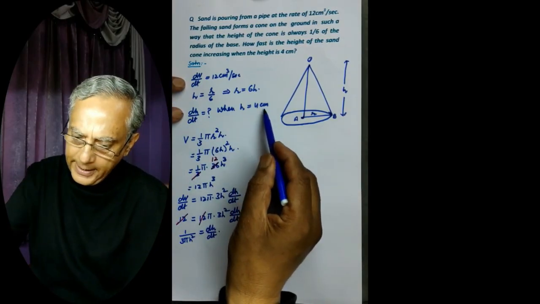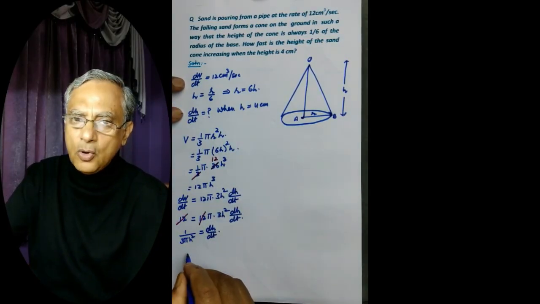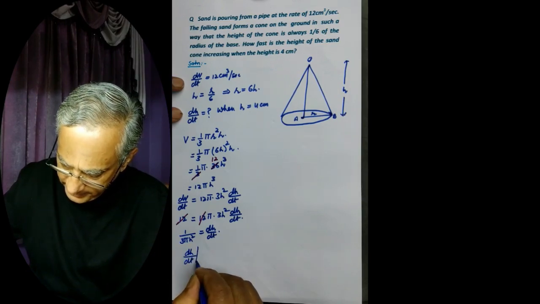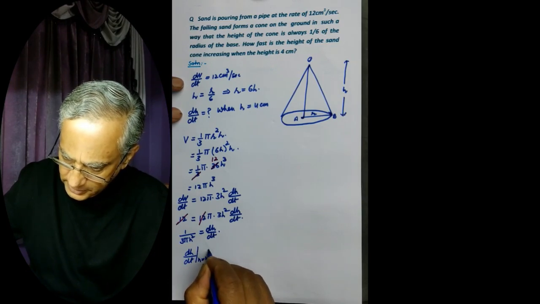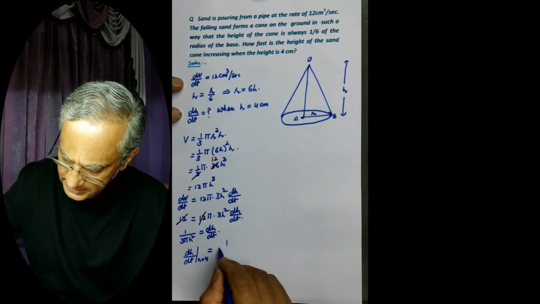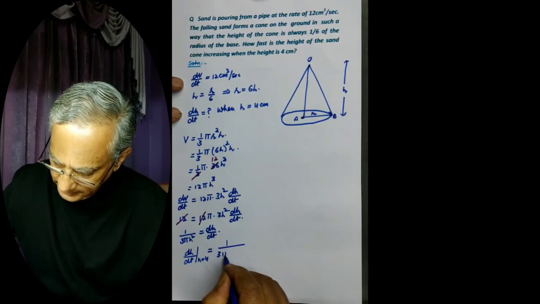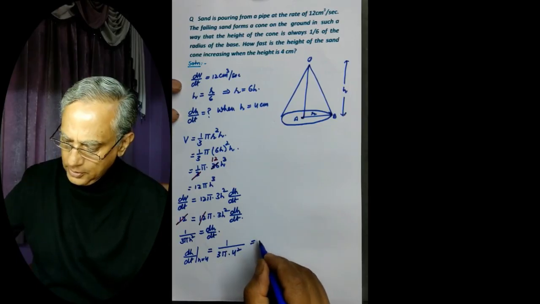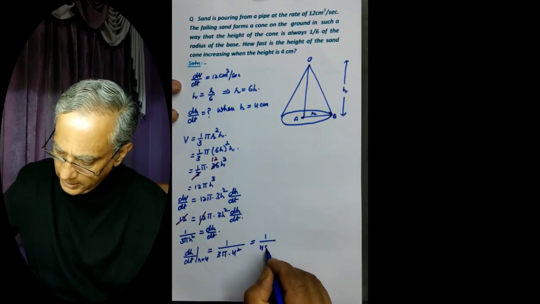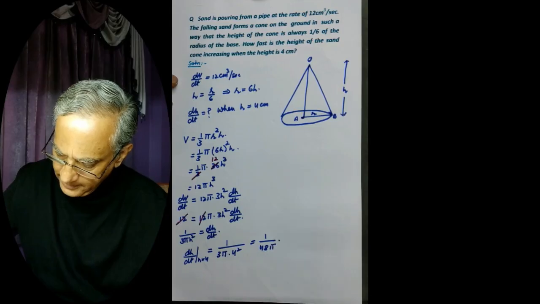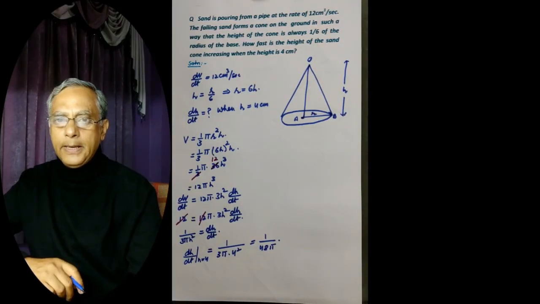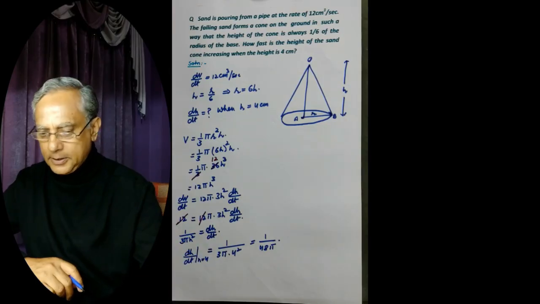We have to find dH by dt at H equal to 4 centimeters. So dH by dt at H equal to 4 centimeters is 1 by 3 pi into 4 whole square. This is 1 by 48 pi.